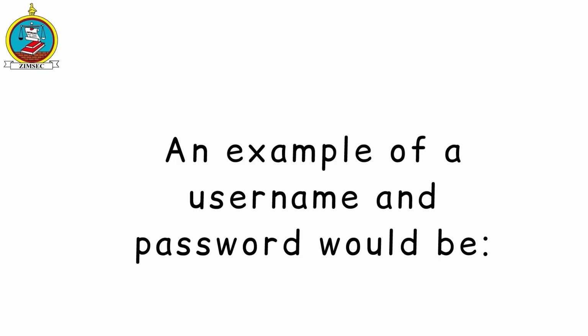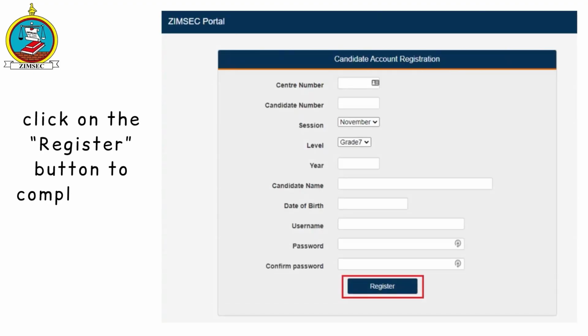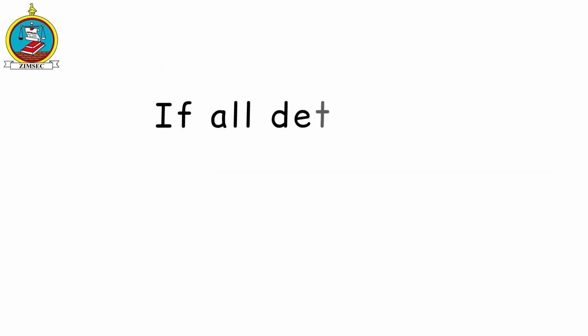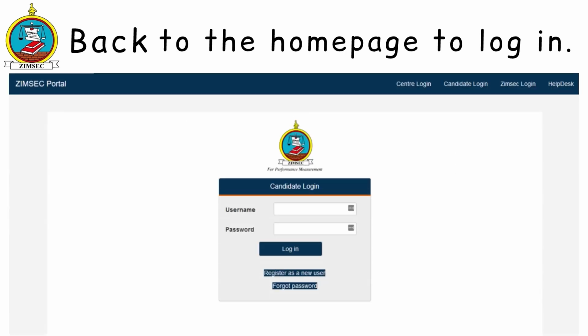An example of a username password would be like as in the picture that I just put up. After providing all the required information, click on the register button to complete the process. If all details are correct, you will be taken back to the home page to log in, and the page should look like this one.